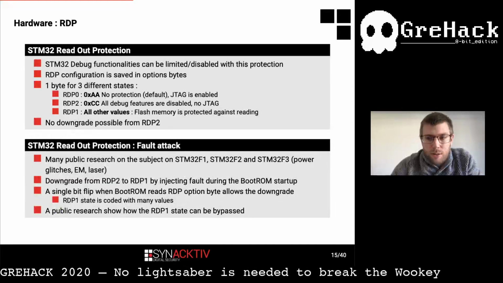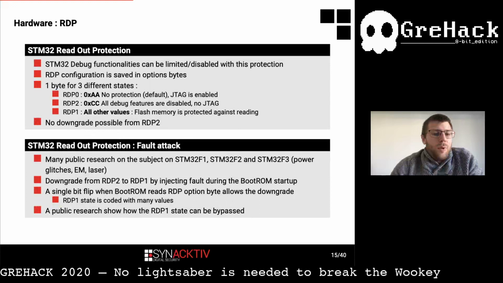So you cannot access the encrypted secret, and all the data in the flash memory is already on GitHub, except the secret that is unique to the device. And when you switch to RDP2 state, you cannot downgrade to any other state.